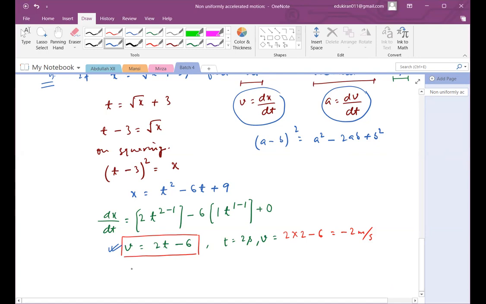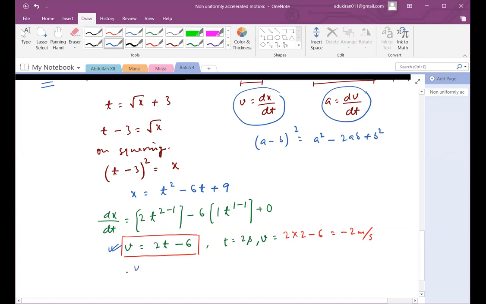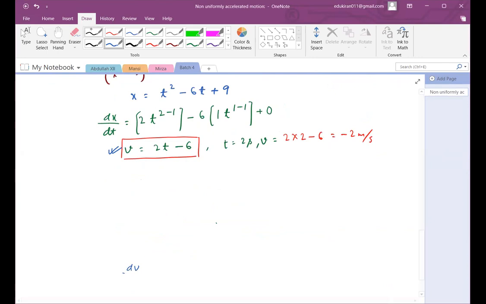Suppose if you differentiate it, dv over dt, we have 2 as coefficient, t raised to 1. So on differentiating, it will be 1 t raised to 1 minus 1. 6 is a constant, so on differentiating, it will be 0.